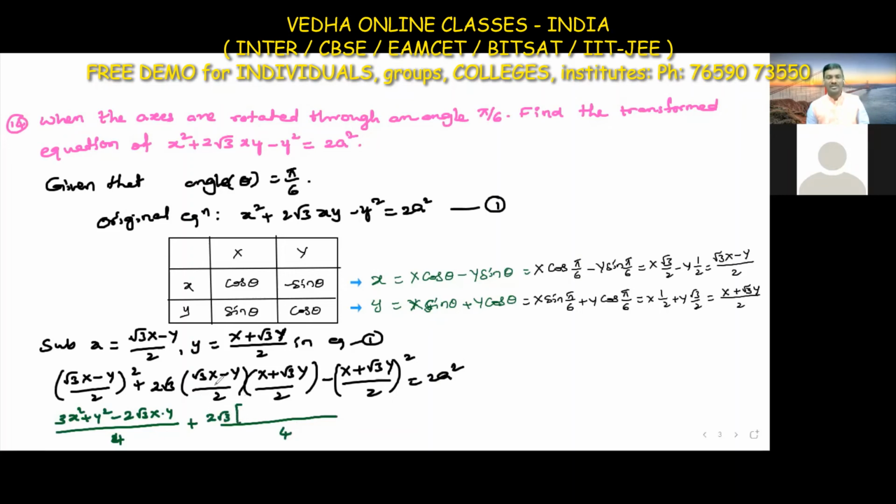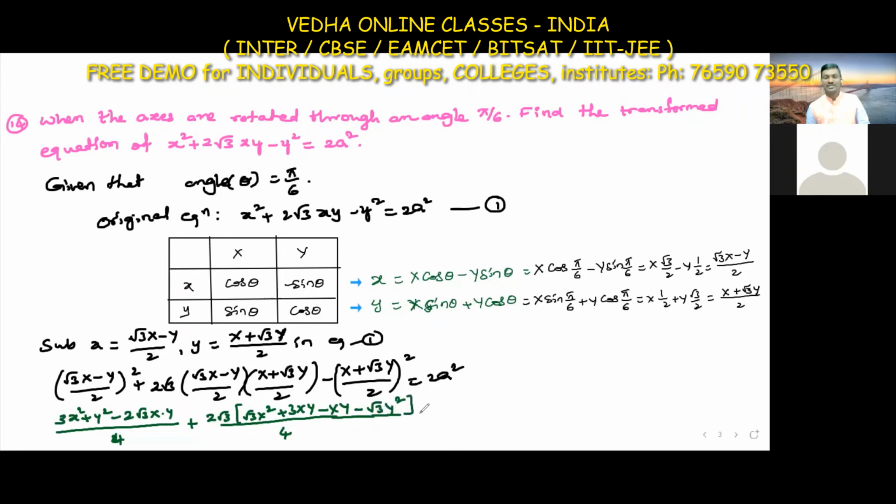So after that, root 3 into X, that is root 3 X square, root 3 into root 3, 3, plus 3XY plus 3 into XY, minus into plus minus X into Y is XY. So minus into plus minus root 3 into 1, that is root 3, Y into Y is Y square.